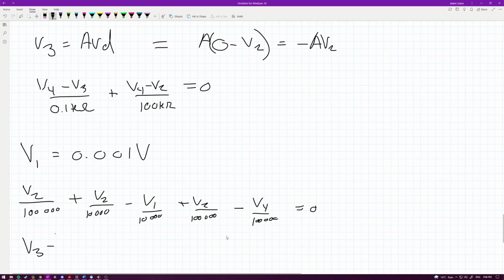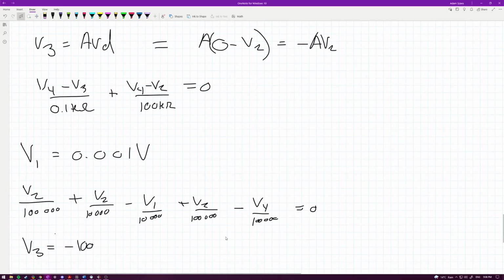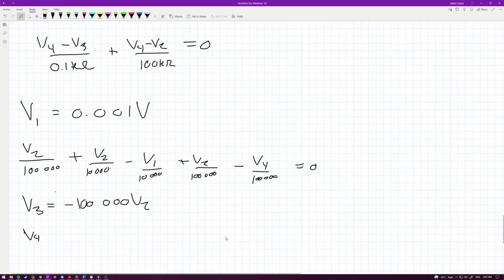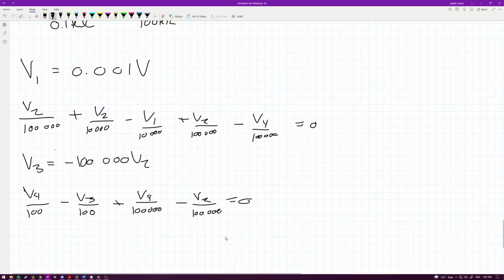V3 equals negative A V2, and A was 100,000. Then V4 over 100 ohms minus V3 over 100 ohms plus V4 over 100,000 minus V2 over 100,000 equals 0. Somewhat of an improvement in our system.